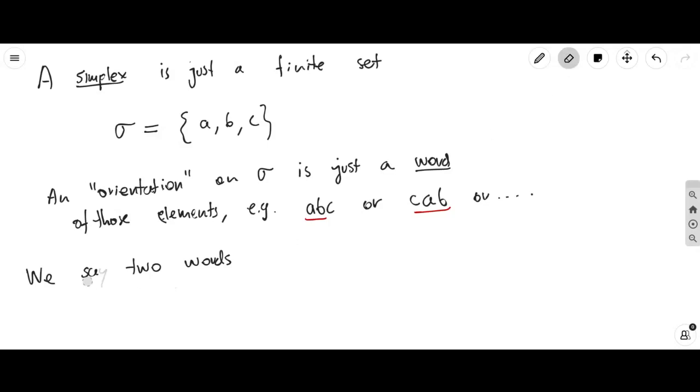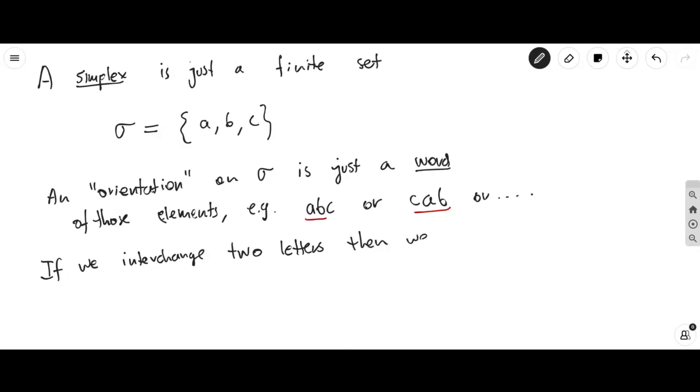Maybe what we can do is this. If we interchange two letters, then we change the sign of the word.